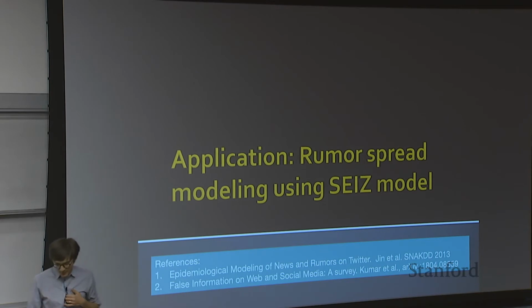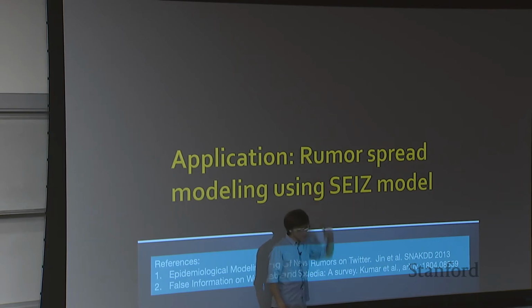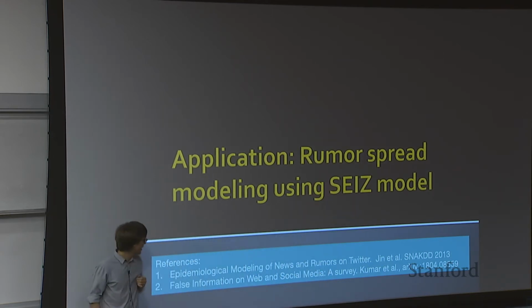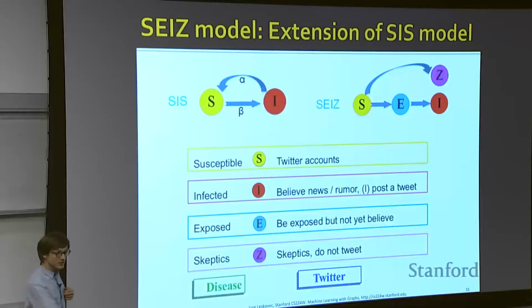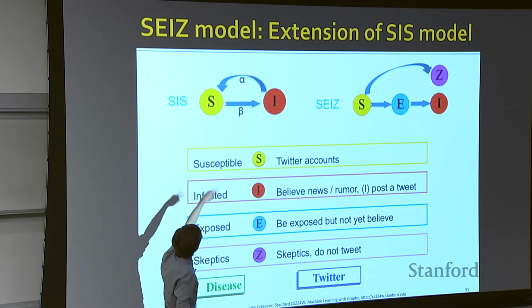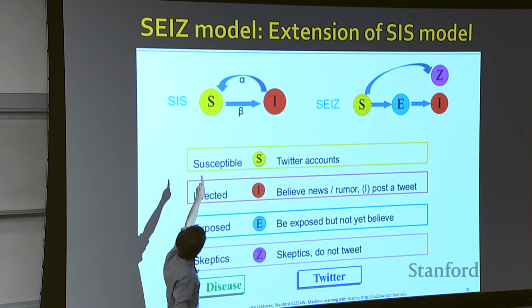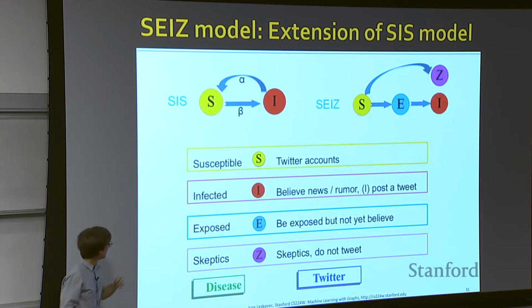Now I wanted to quickly show you one application of this that you could apply to rumors or fake news spreading in social networks. So what we talked about so far, we had this notion of an SIS type model where you have the infectiousness and the recovery.